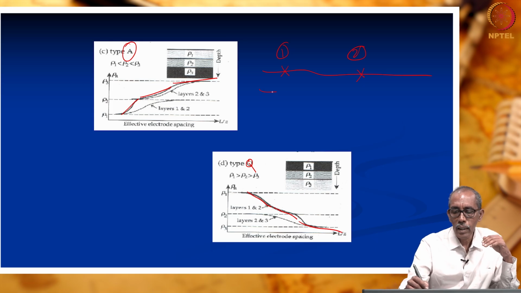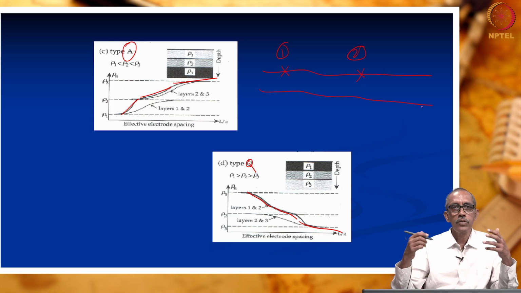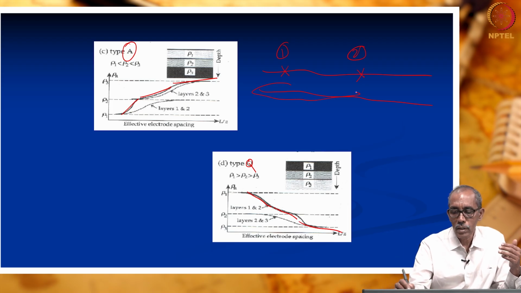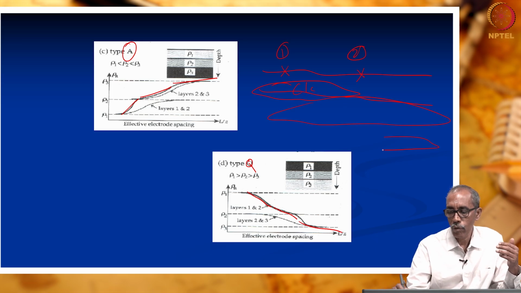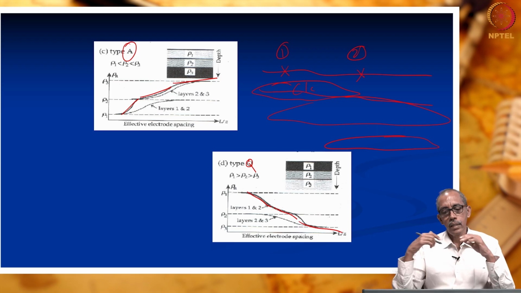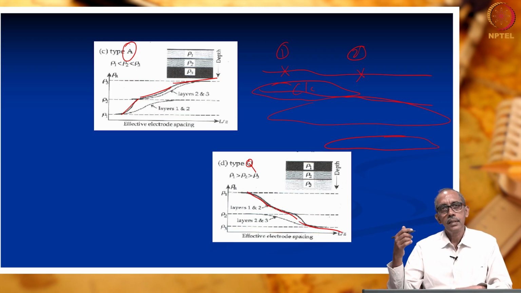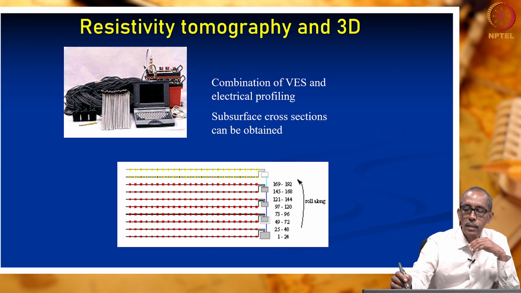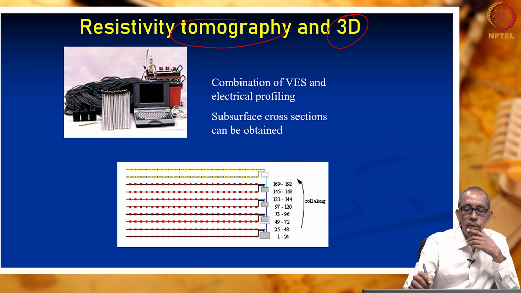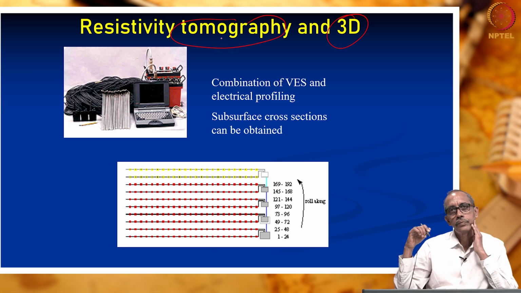Layers may not be continuous as we assume in a 3-layer case. Maybe this is clay, then you may have a sandy zone here, then one more clay lens here. So, this complicates our interpretation. In such regions, we go for 3D or 2D resistivity tomogram.